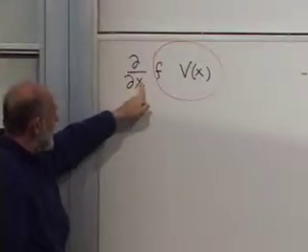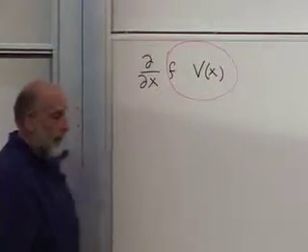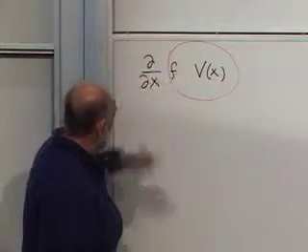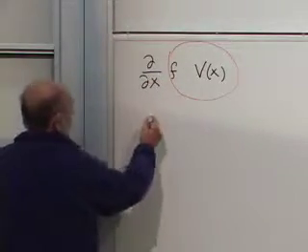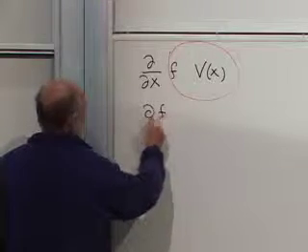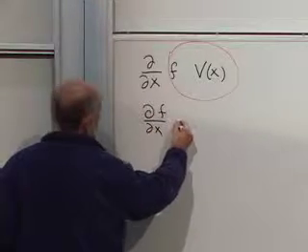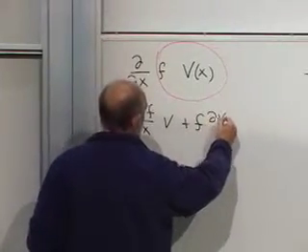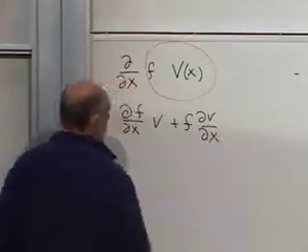What is this d by dx of f times v of x? For this, we just use the product formula, that the derivative of a product is the derivative of f with respect to x times v plus f times the derivative of v with respect to x.